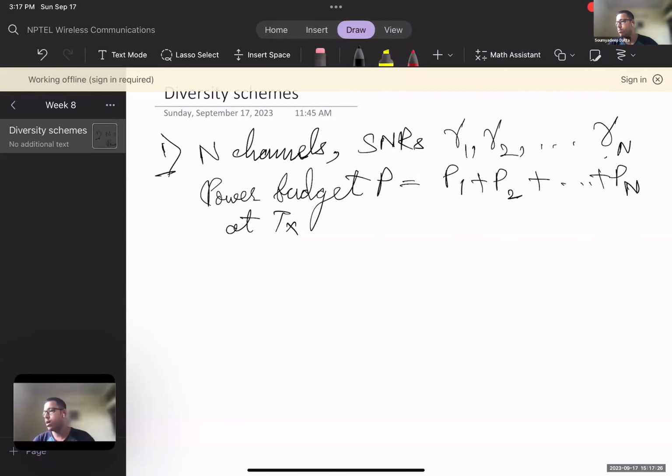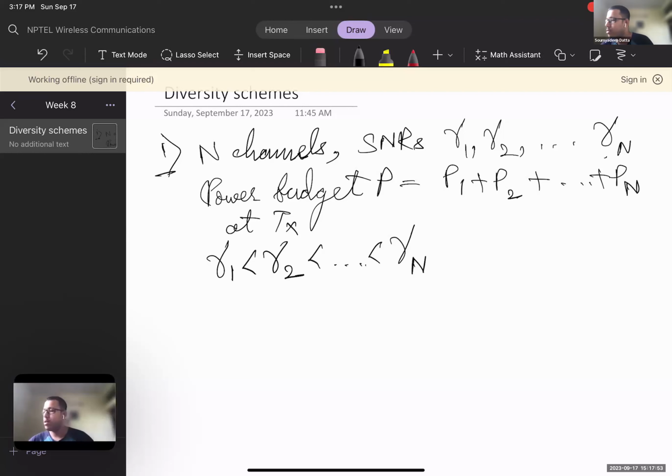So the question is, I'm given the information that, let's say, gamma 1 through gamma n are provided in ascending order. So gamma 1 is less than gamma 2, less than gamma n.